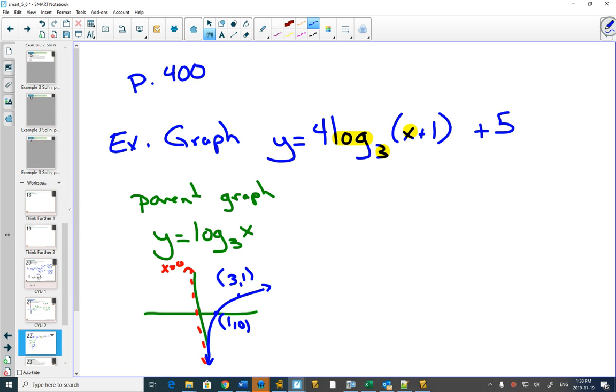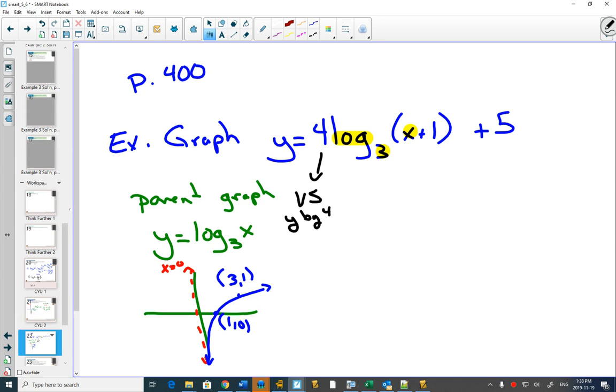How did we do our transformations unit? Well, we looked at our equation from left to right. We said, hey, there's a 4. What does that 4 do? Vertical or horizontal? Vertical. Vertical stretch. You're going to multiply your y values by 4. Keep moving from left to right. Notice I'm going to skip over that 3. That 3 is part of my parent graph. It's not a transformation.